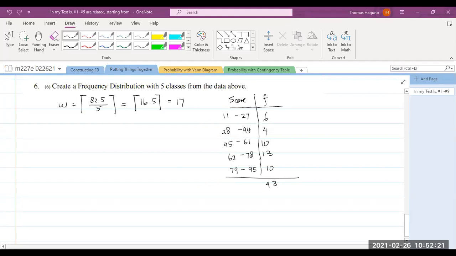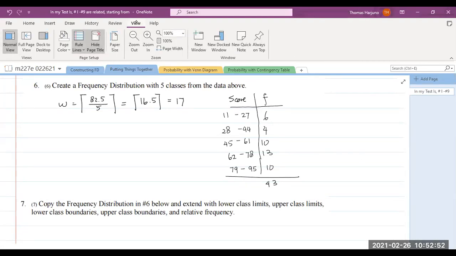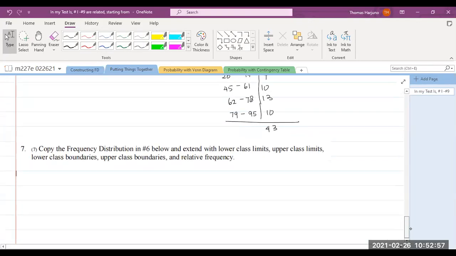Question number 7 is copy the frequency distribution in number 6 above, and then construct the lower class limit, upper class limit, lower class boundary, upper class boundary, and relative frequency.